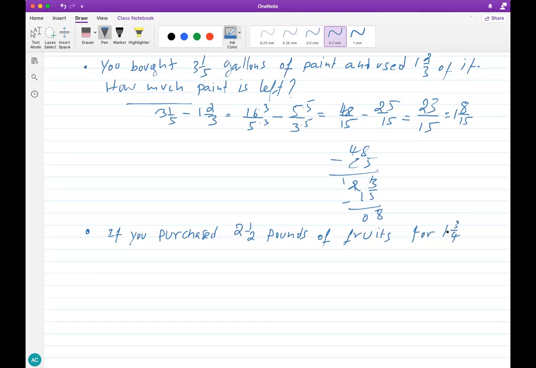Okay, that's $1.75 per pound. How much did you pay, or how much was the total?